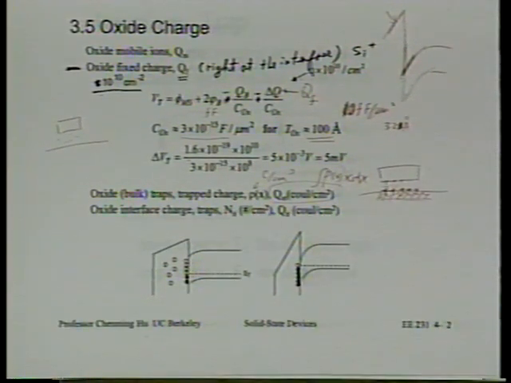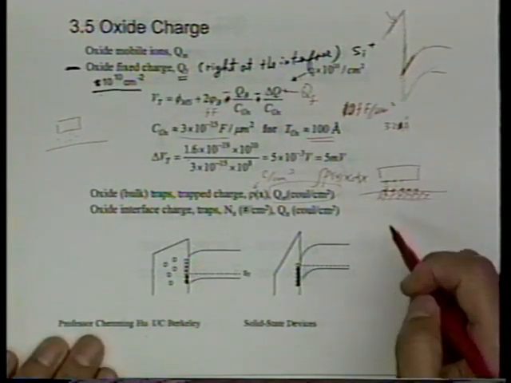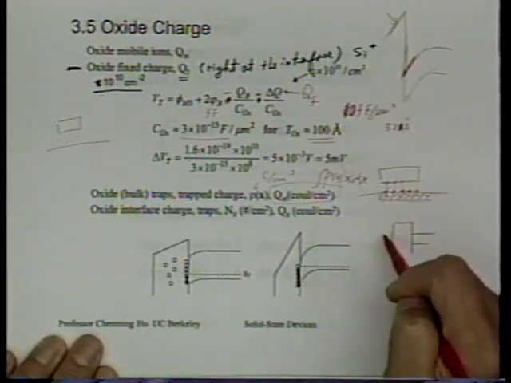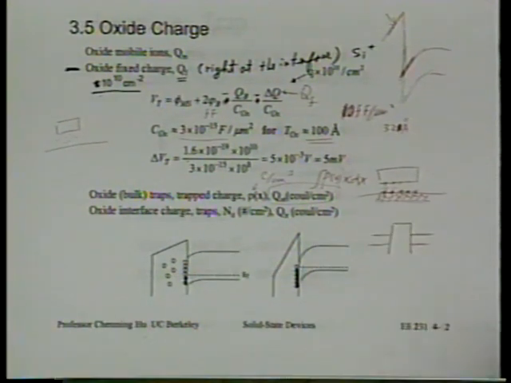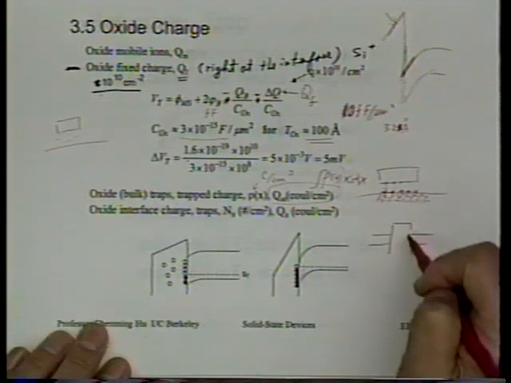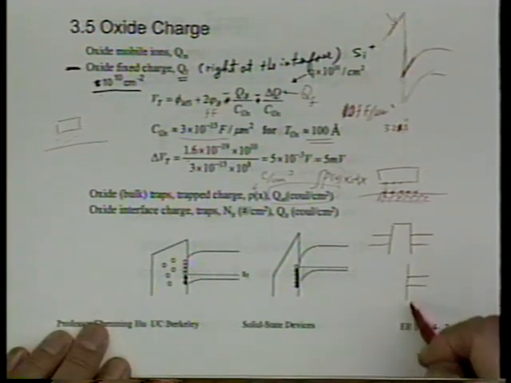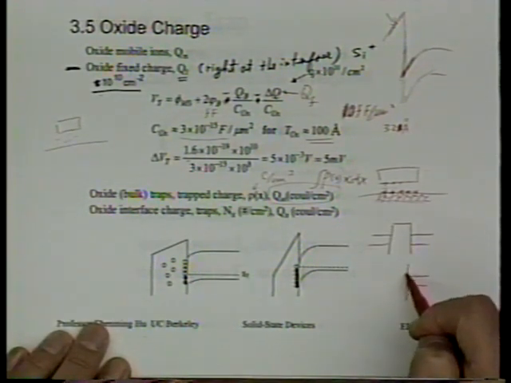If you are questioning why, let me draw an energy band diagram for you. This is the band diagram with no charge anywhere. Now if we add some charge at the substrate and oxide interface, this is what we'll have. The band in the substrate is still flat, but because of the interface charge here, the band in the dielectric no longer can be flat.